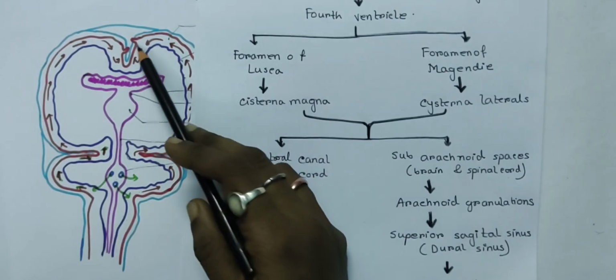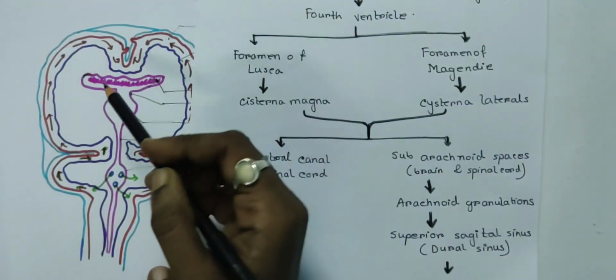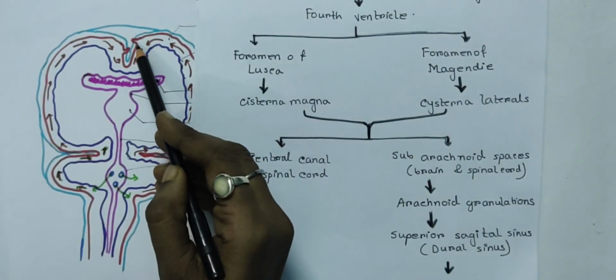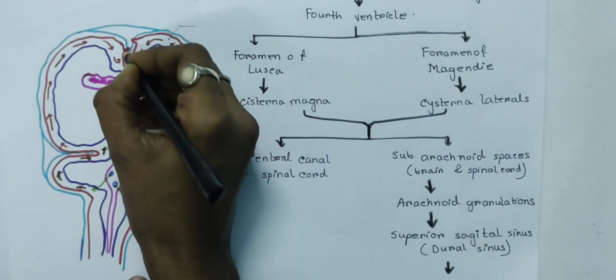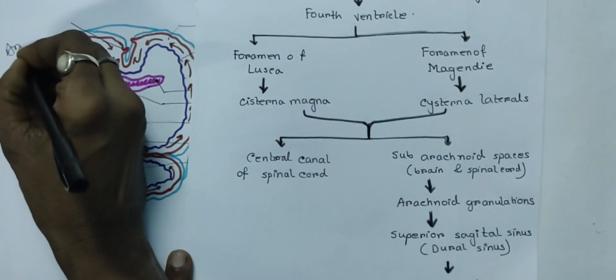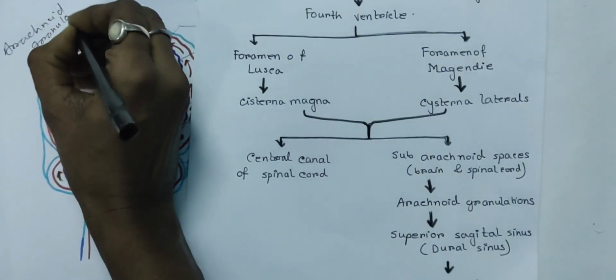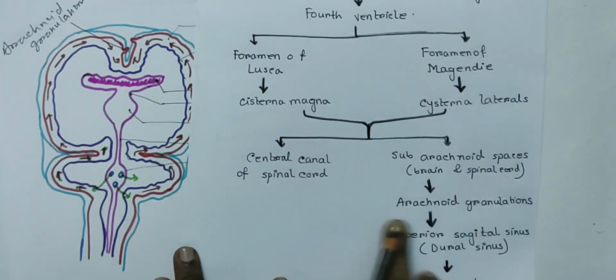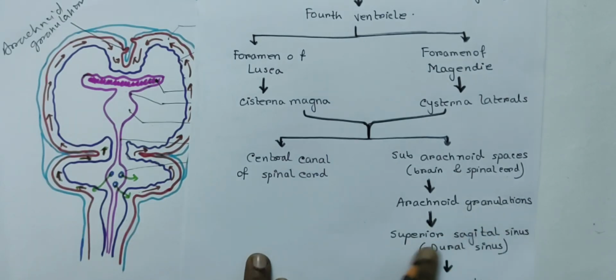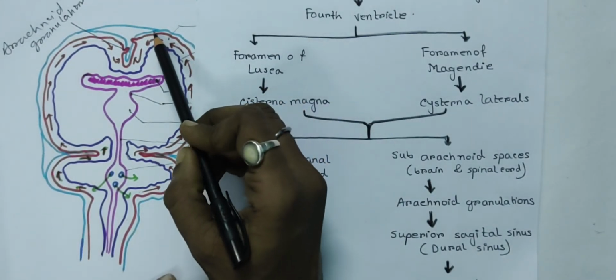Now, in that region, there are some projections in the subarachnoid space, like villi. These projections or villi are called arachnoid granulations. From the arachnoid granulations, it comes to the superior sagittal sinus or dural sinus. What is a dural sinus? The dura mater has two layers.